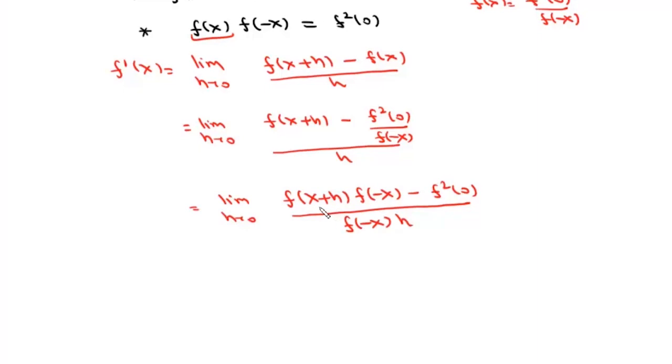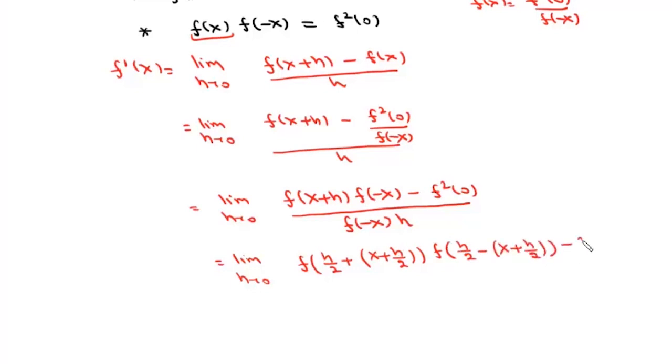Now somehow we have to express it as x plus y and x minus y. So what we'll do is we'll write this as this limit h tends to 0, and this is f(h by 2 plus x plus h by 2) and here it will be f(h by 2 minus x plus h by 2) minus f square 0, whole divided by f(minus x) into h.